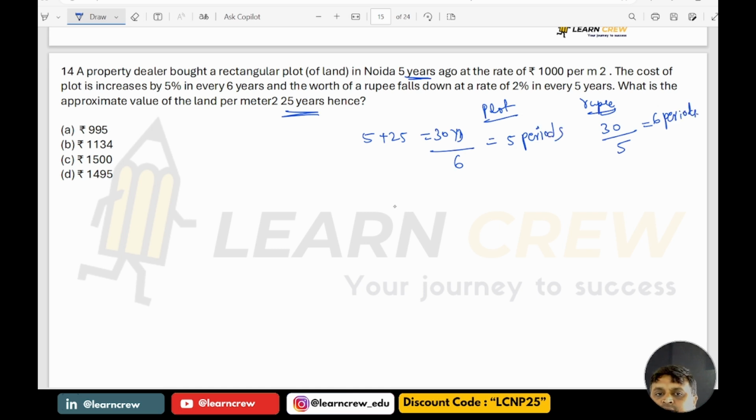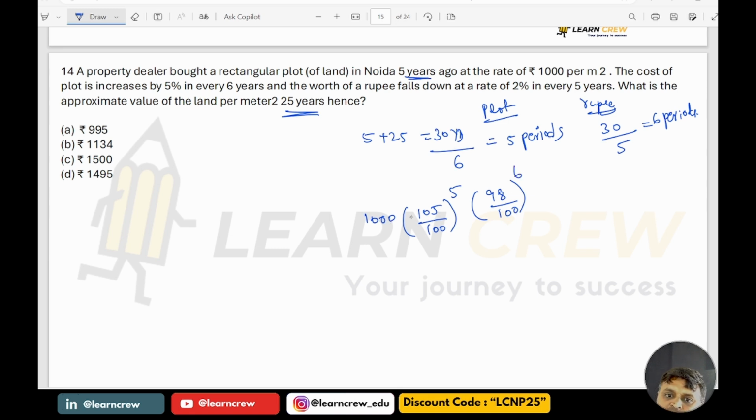So please see here, it is given that 1000 is the P value, and 1 plus it is increasing at 5%. So 105 by 100, 105 by 100, 105 by 100 for 5 periods, and the rupee falls for every 5 years, so there are 6 periods. 98 by 100 whole power 6.